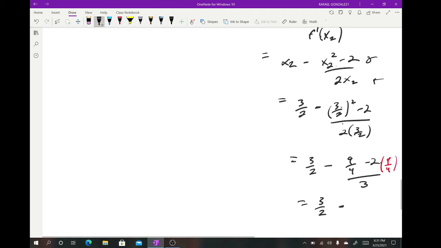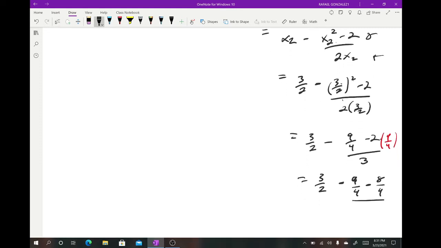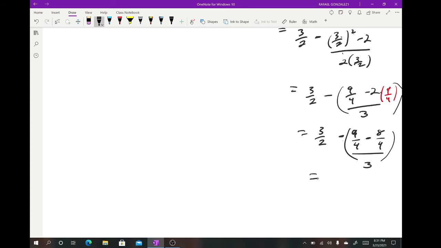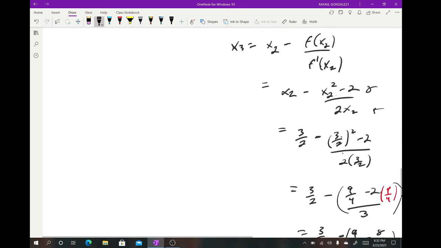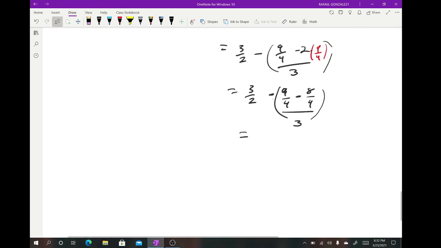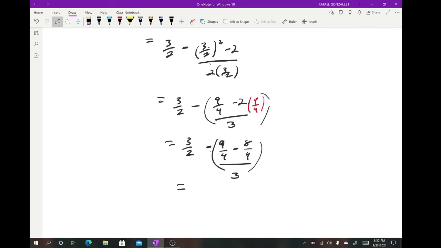So we're going to have negative, and then 9 over 4 minus 8 over 4, then all divided by 3. This negative is from the outside, so if you want to separate it, you could put it in parentheses, so you don't get lost. And this is a terrible board use because I have so much space to my left side, but that's okay. Maybe I should just move so it could be in the middle of the screen. All right, so we have 3 over 2 minus, and then 9 minus 8 is 1, so we have 1/4 over 3.